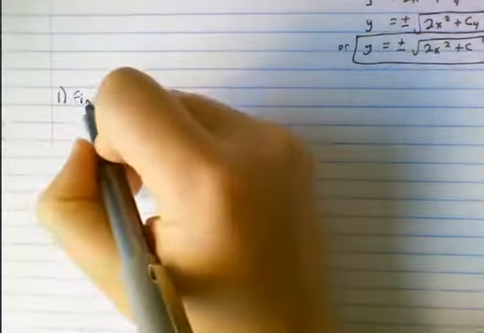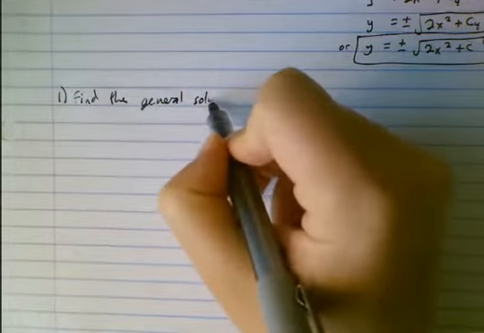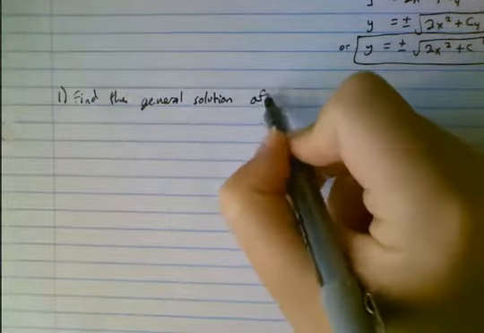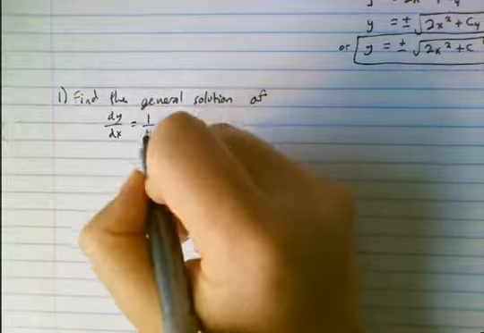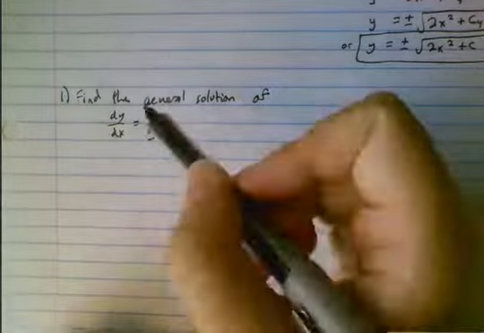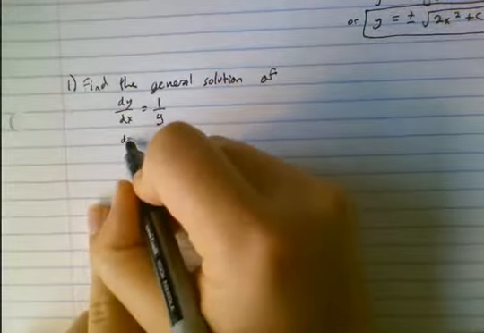How about find the general solution of dy/dx equals 1 over y. So we want to get all of our y's on one side, so I'm going to multiply both sides by y.